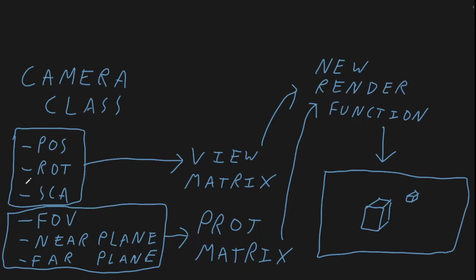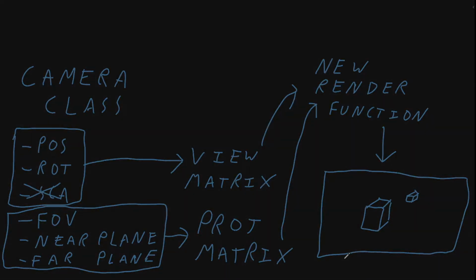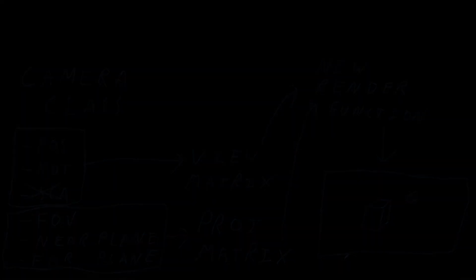I don't know why I put that. It's also going to have our field of view, near plane and far plane. The top variables will go into the view matrix, the bottom variables will go into the projection matrix, and they'll both go into a new render function in our renderer, and that will produce a 3D scene. So let's get to it.